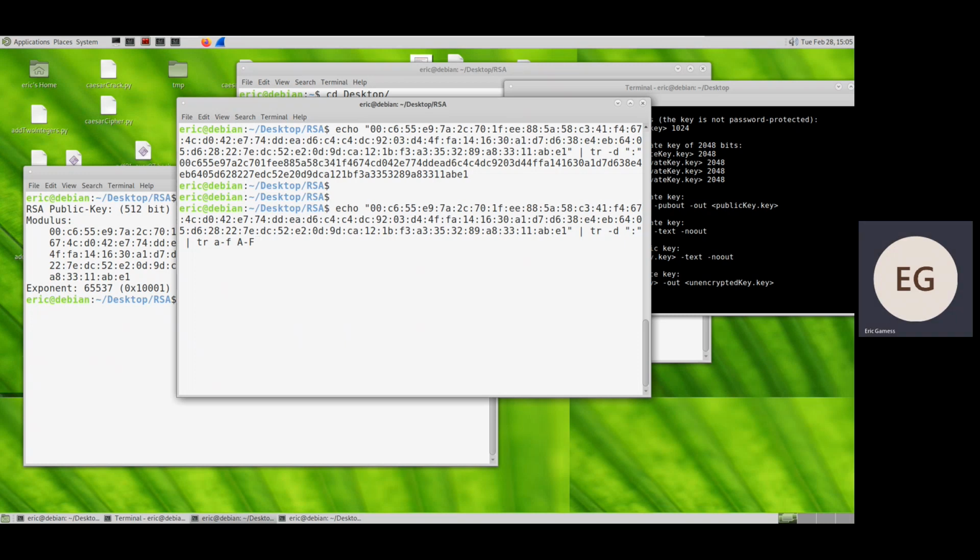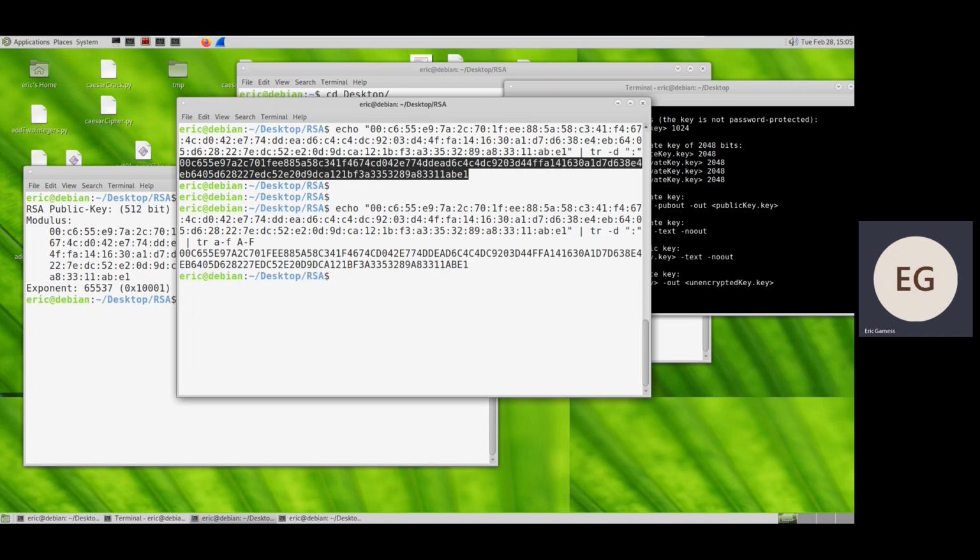Do you agree I just put the range A-F? Why? Because in the hexadecimal, we just use the letters from A to F. I don't have to do A-Z. Okay, and if you look, of course, the number only has letters that are between A and F because it's an hexadecimal number. So here I have the hexadecimal number in capital letters.